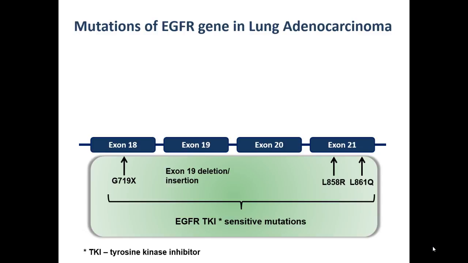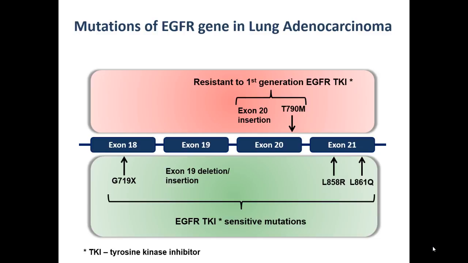So those are the classical sensitizing mutations, but they are not the only mutations responsive to EGFR TKIs. They're just more common, so we have more knowledge about them. When you have a rare mutation, that's where it defaults to your expertise and knowledge of what to do.